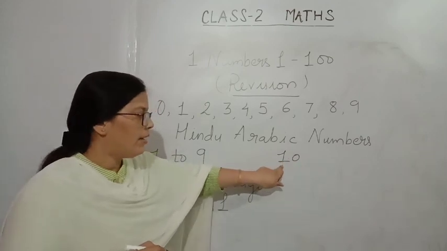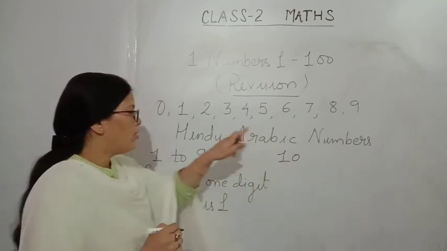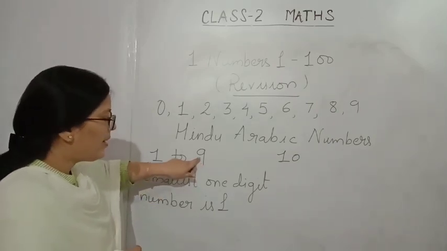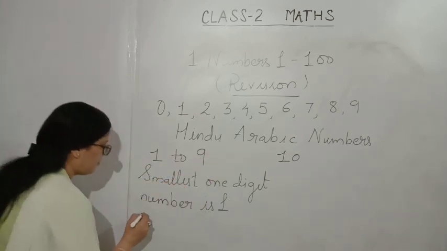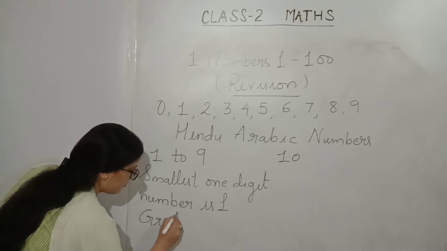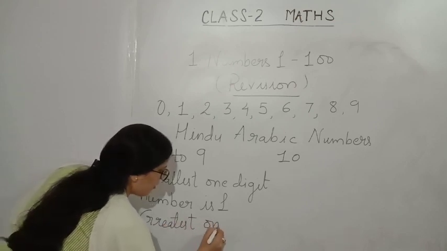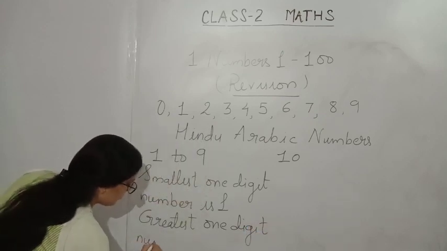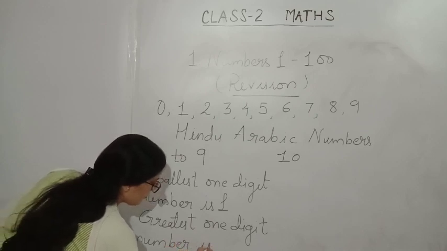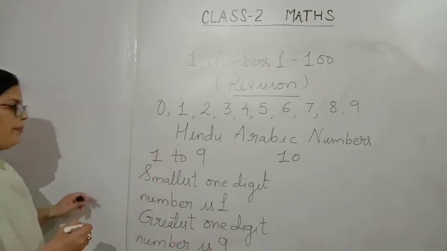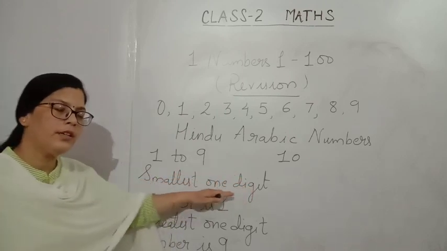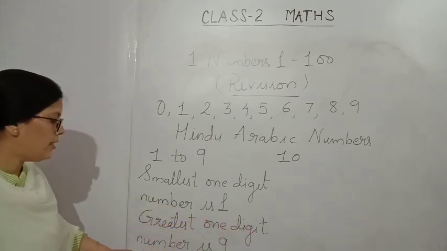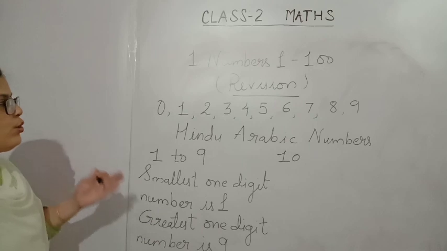So the last one-digit number, 9, is the greatest one-digit number. Clear? Which is the smallest one-digit number? It is 1. And which is the greatest one-digit number? It is 9.